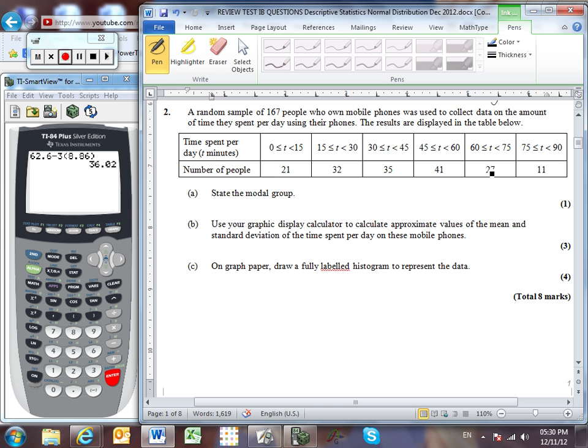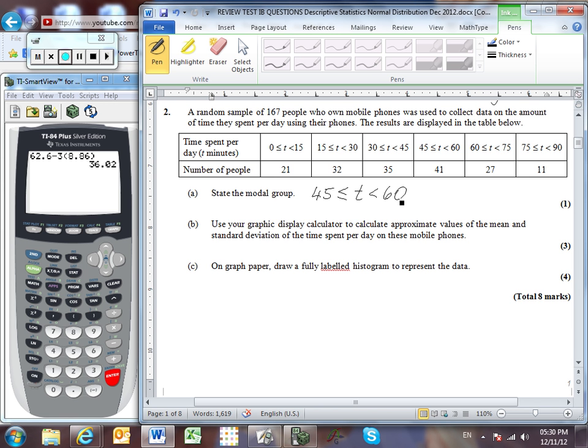So we have to start by stating the modal group. We know that modal, or the word mode, is the one that occurs the most frequently, and our highest frequency here is 41, and so we're looking for the actual group, and so our modal group isn't the highest frequency, it's the group that it refers to, and so that's going to be everything from 45 to 60.